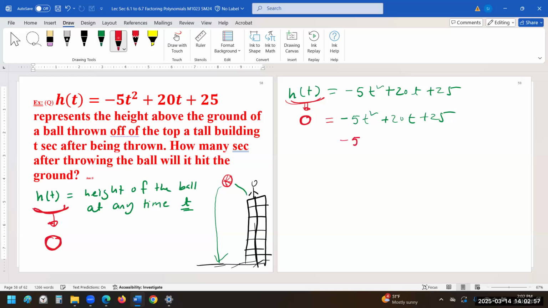So we can factor out -5. What remains then? You factored out your negative, so no more negative. t squared, and then -4t minus 5 equals 0.